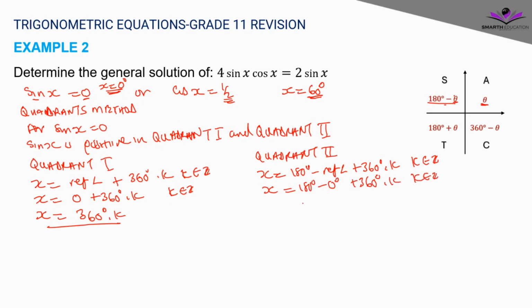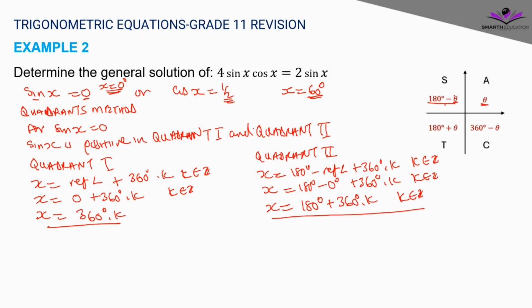Remember that some steps you can skip when you're doing it on your own. I'm doing all the steps because I'm explaining. So x is equal to 180 degrees plus 360 degrees times k, where k is an integer.